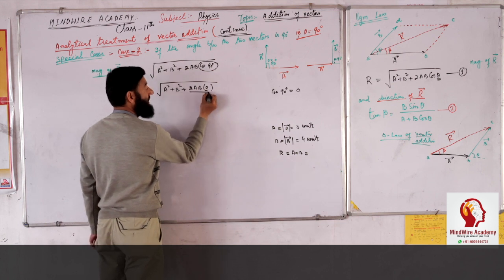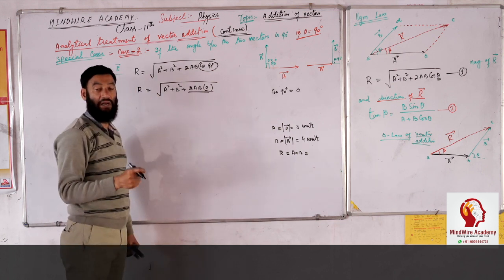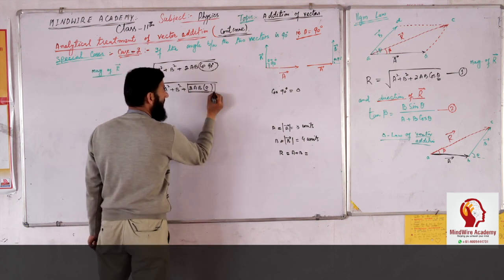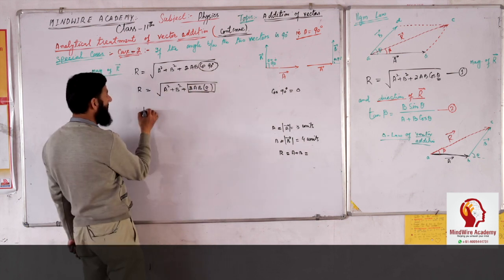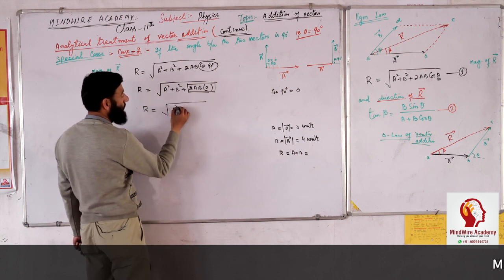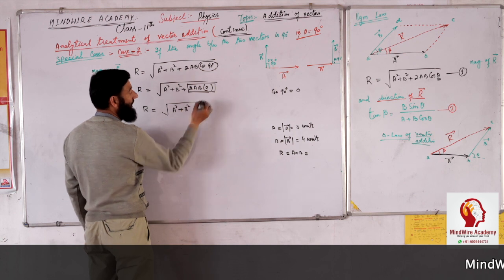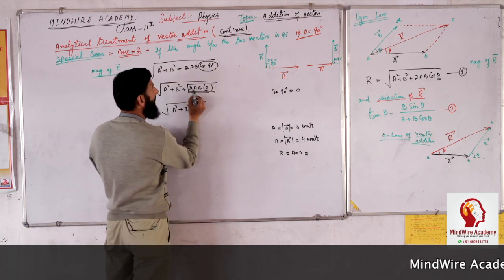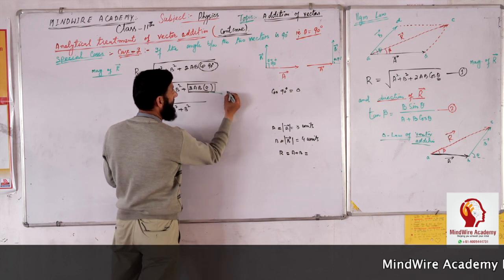If we multiply any number with 0, we will get the answer as 0. So, this whole term will be equal to 0, and we will get the answer as under root or square root of A square plus B square, as this whole term 0 when multiplied to this number, the whole term will reduce to 0.